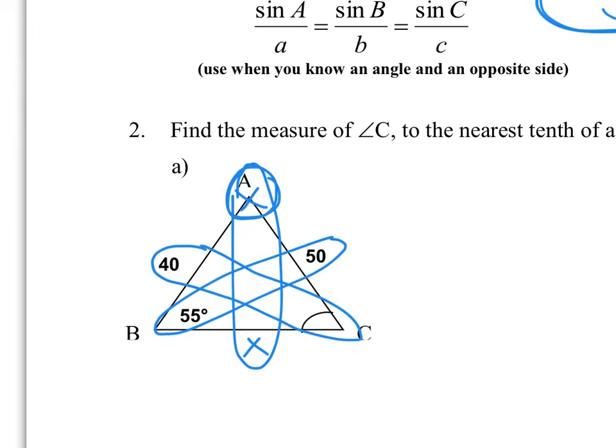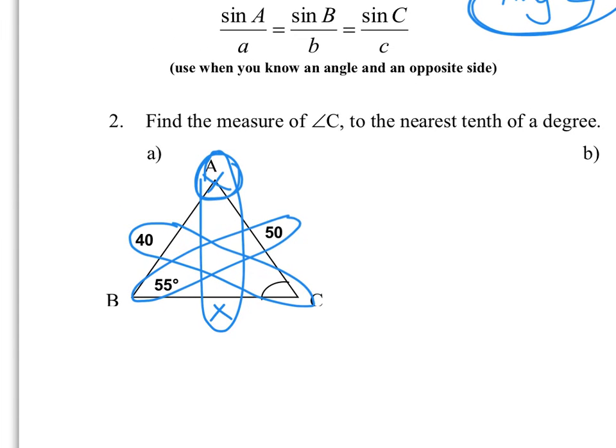So let's come up with first the pair where you know both the side length and the angle. If I look at angle C, I don't know what it is, but I know that its length is 40. For B though, I know that the angle is 55 and the side length is 50. So that's called my known ratio. It's setting up a proportion there.